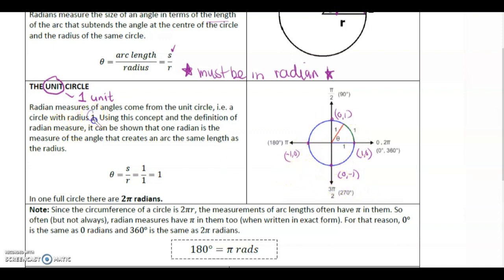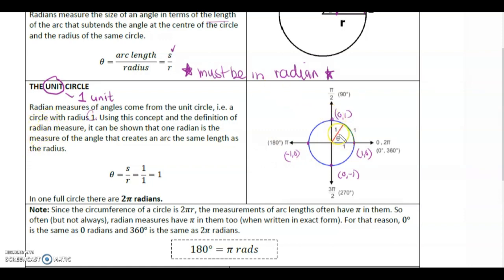Using the concept and the definition of a radian measure, it can be shown that 1 radian is the measure of the angle that creates an arc the same length as the radius. So again, this adds to the definition.